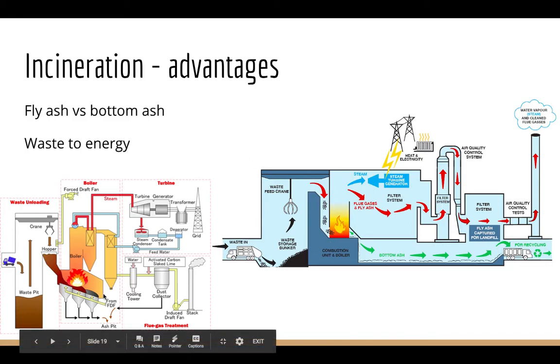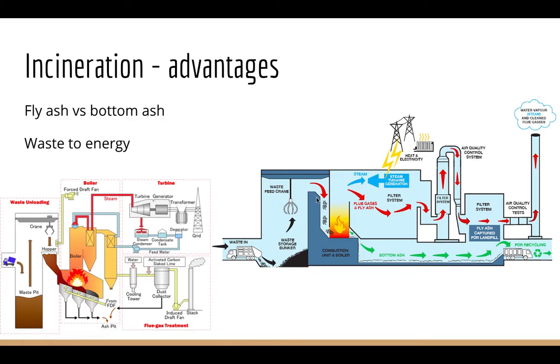So this looks complicated, but it's not so complicated. Waste comes in, crane grabs the waste, dumps it into the boiler, right? You get that suspended fly ash up here, and then you get that bottom ash that settles out below the boiler. Whenever you're heating something, and there are pipes with water going through the boiler, that water will boil, and that boiling of the water creates steam.